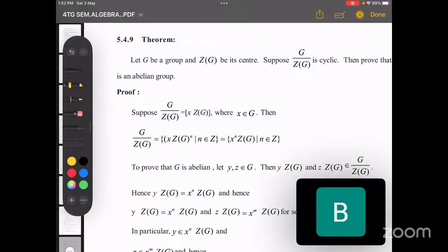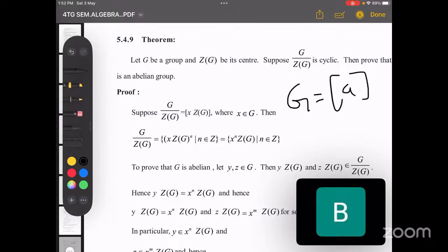Then G/Z(G), whenever it is cyclic, we write it in the form of a to the power of n. Here the element is a, and instead of a we have xZ(G). This is the form for a cyclic group.